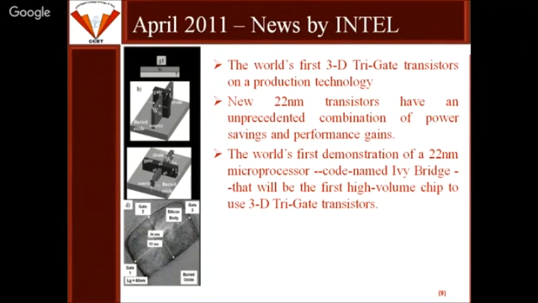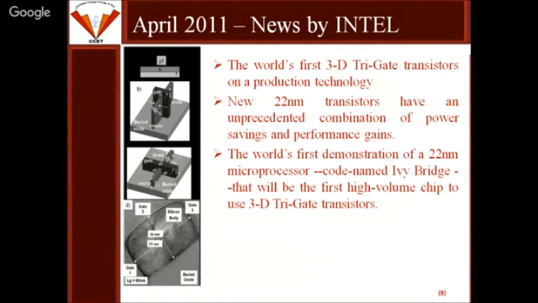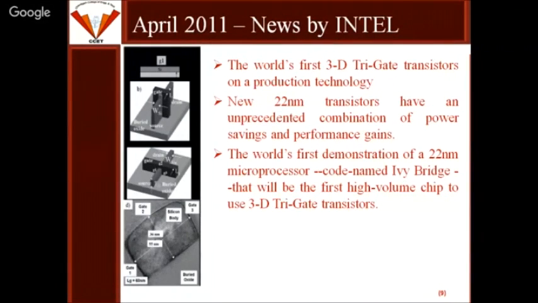The world's first demonstration of a 22 nanometer microprocessor, codenamed Ivy Bridge, will be the first high volume chip to use 3D tri-gate transistors. It means beyond 22 nanometer, we are using tri-gate transistors, not the earlier planar MOSFET configurations.